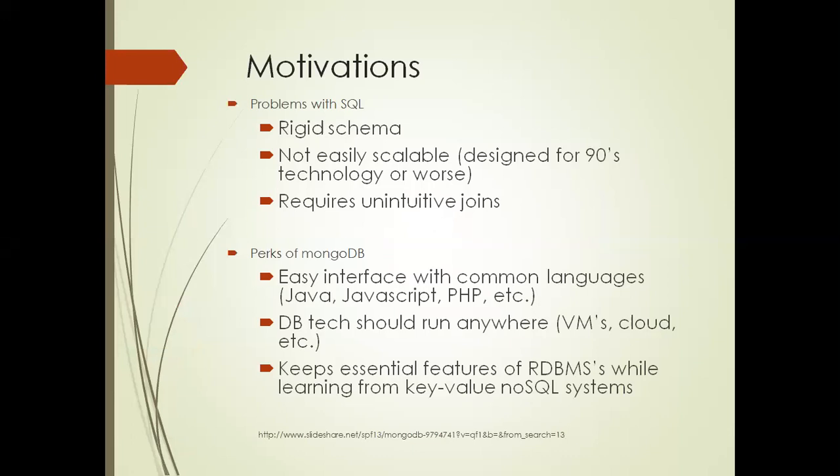We have already discussed vertical and horizontal scaling in the last lectures. If any of you have missed it, you can refer to the previous lecture videos. SQL also requires joins. Joins are very complex in SQL, and they increase the cost of the query. But NoSQL databases like Mongo don't need any join.